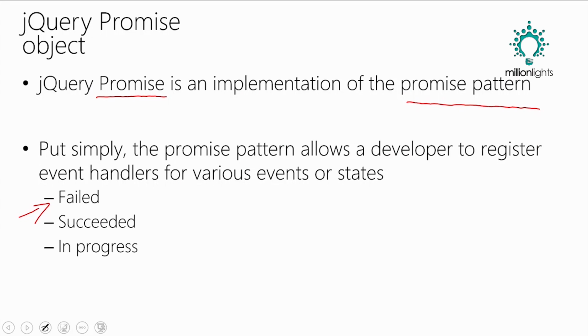Once this is done, I'm going to let you know via this token. I promise you that. That's what this is. And so it gives us the ability to set up event handlers for if it fails, if it succeeds, or if it's still running. So if you want to set up a little progress bar, you have the ability to go in and do that.